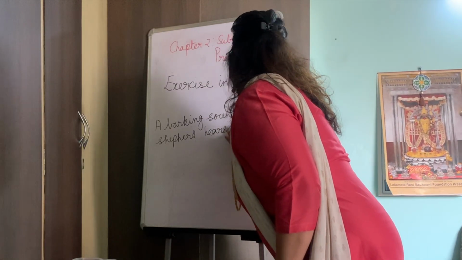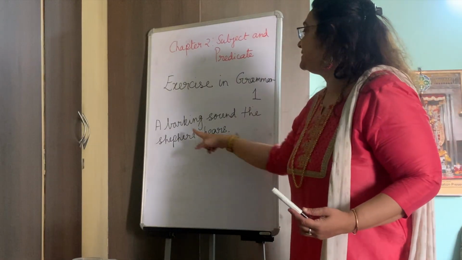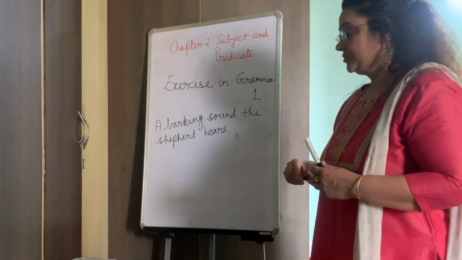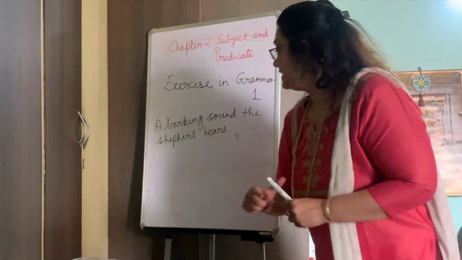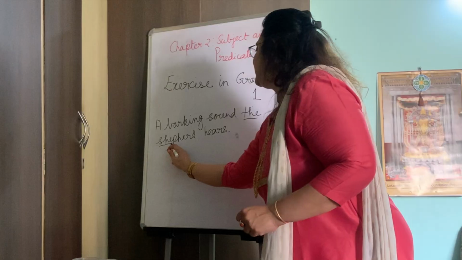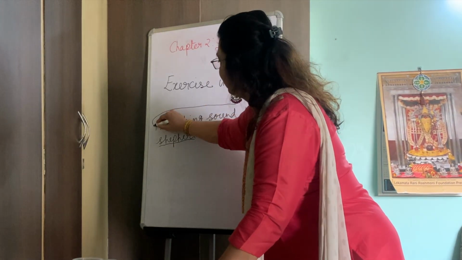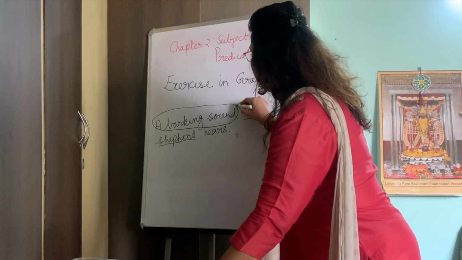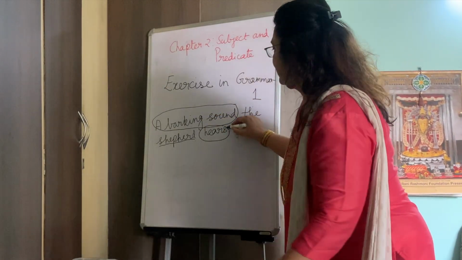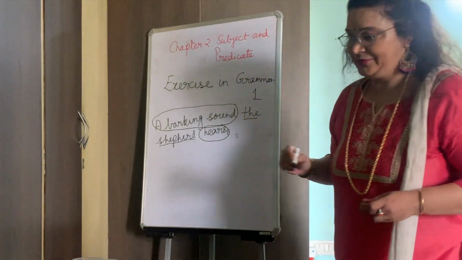This sentence can be changed into the shepherd hears a barking sound. So here in this sentence, the shepherd is the subject and all the rest, a barking sound and hears, is the predicate. Am I clear? Okay.